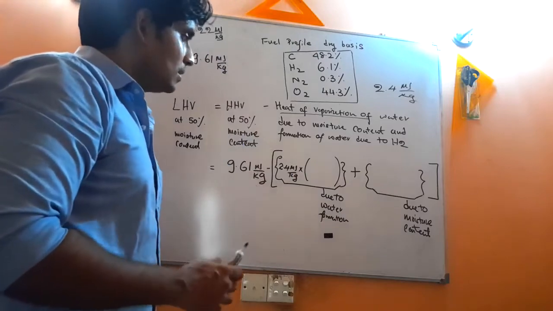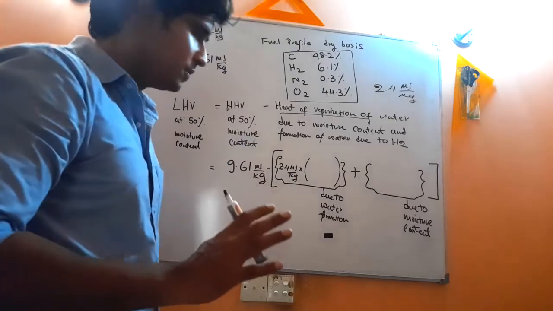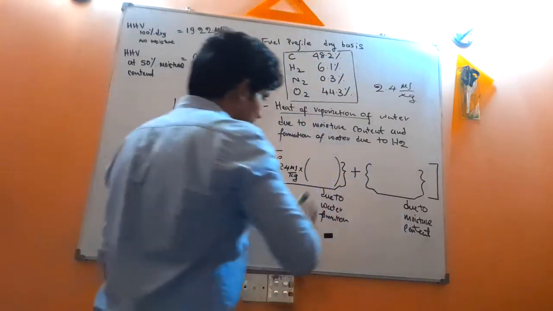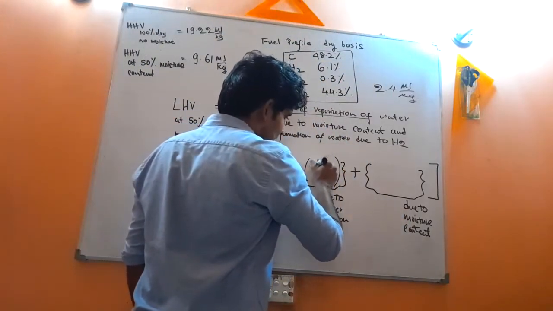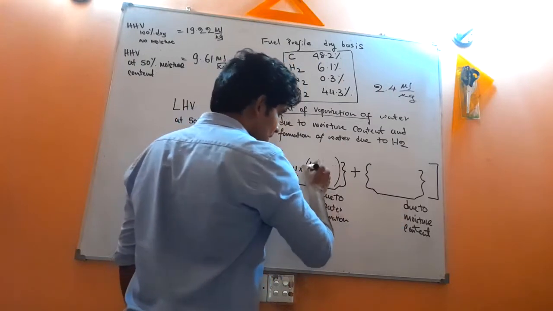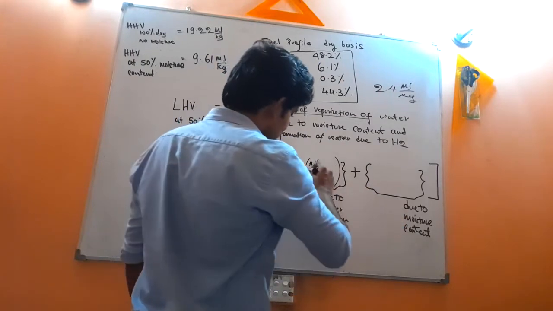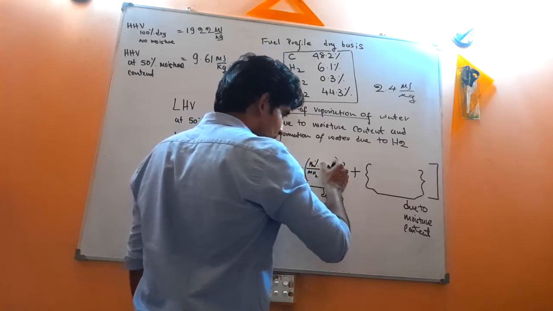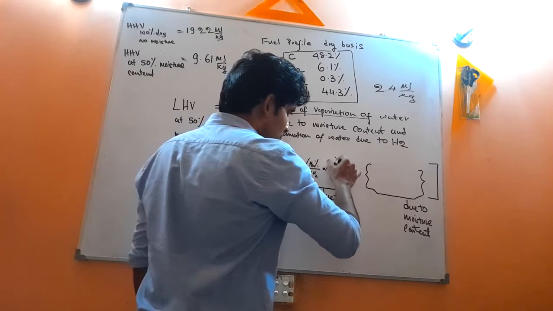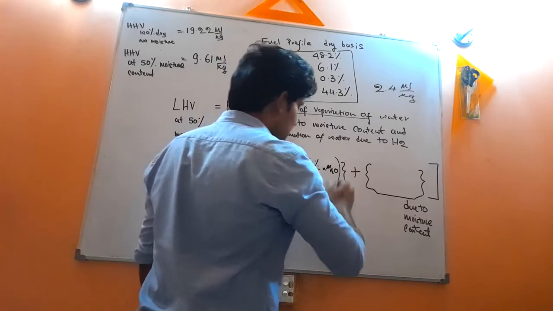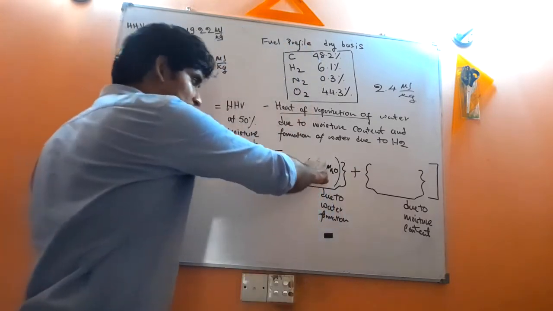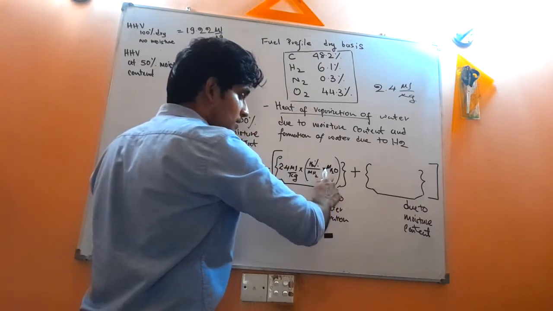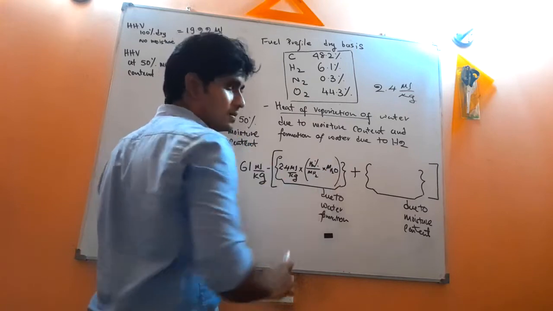For that there is a formula, as I have taught you: the hydrogen percentage in the fuel divided by the molecular weight of hydrogen, multiplied by the molecular weight of water.